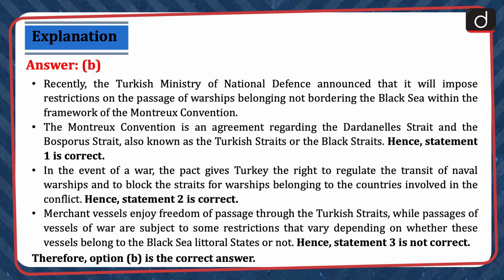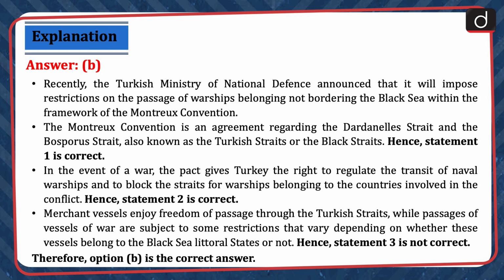Recently, the Turkish Ministry of National Defense announced that it will impose restrictions on the passage of warships belonging not only to countries bordering the Black Sea within the framework of the Montreux Convention. The Montreux Convention is an agreement regarding the Dardanelles Strait and the Bosporus Strait, also known as the Turkish Straits or the Black Straits. Hence, statement 1 is correct.